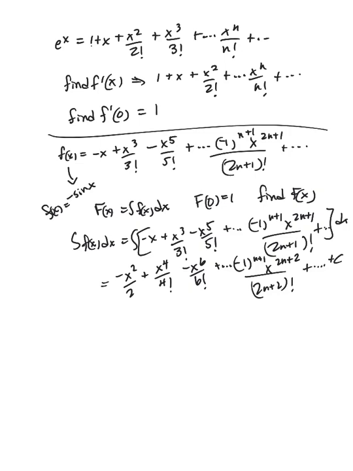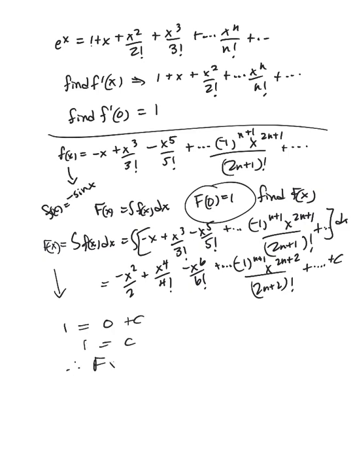All right, but we know that we're going to substitute in this initial condition. So when I do that, right, so this is f of x. So we have 1 equals, all of these are going to be 0, 0, 0, 0, 0, plus c. So therefore c is 1.